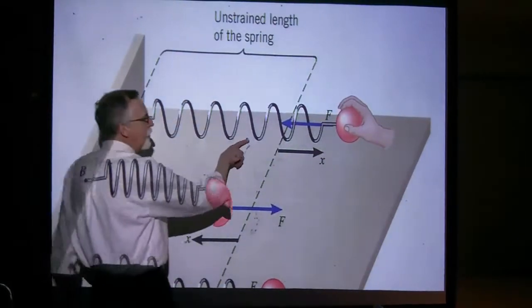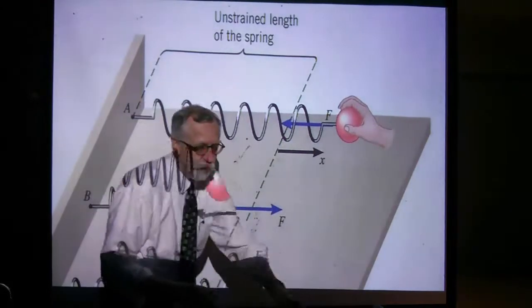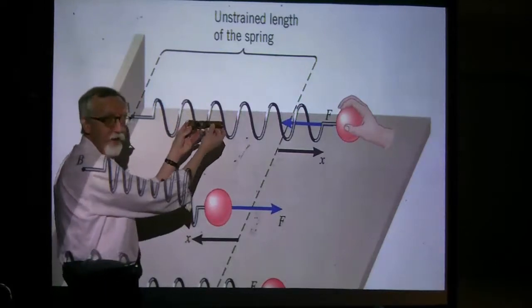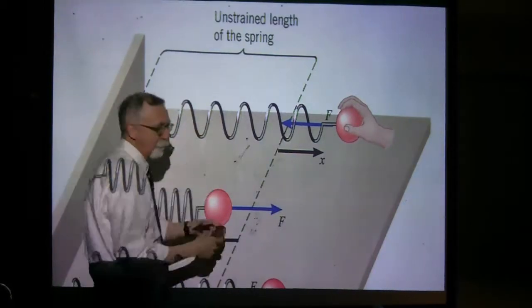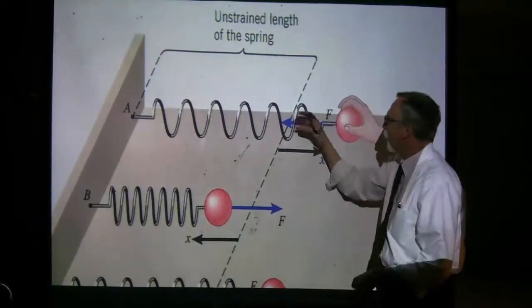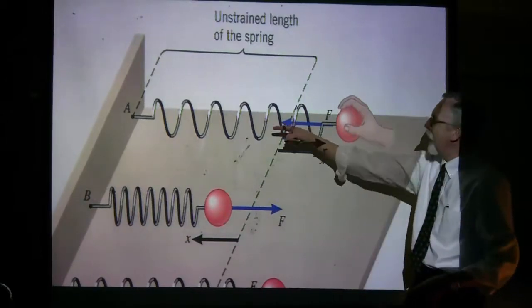Now, let's imagine that we displace the mass from the equilibrium position. So the equilibrium position is the position that the spring would take if there were no force acting on it. So we displace the object to one side, over here, some displacement x. The spring, we'll then assume, pulls back to the left.